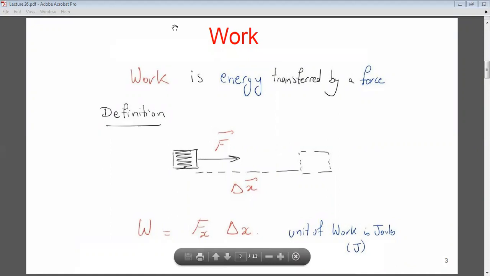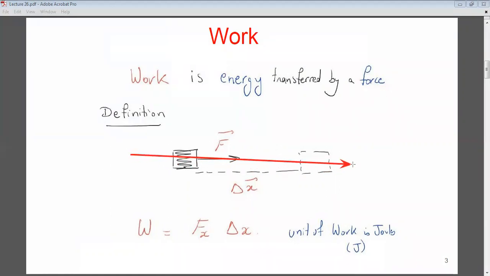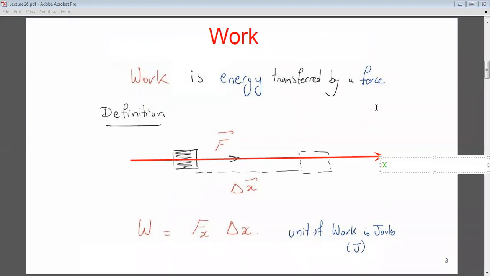So we have to define this x-axis. This is the x-axis along the motion because this is moving in this dimension. And then the work done by the force on this object is Fx delta x.